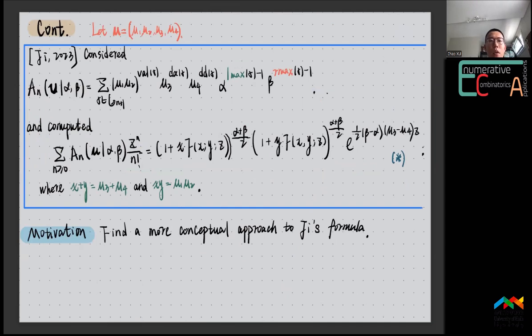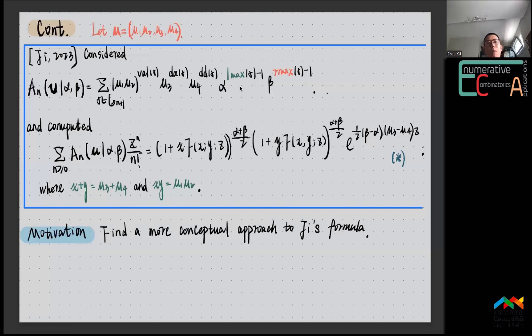Let u be this tuple. We can consider the following generalized Eulerian polynomial incorporating the two Stirling statistics and compute the generating function. It looks a little complicated, and this generating function satisfies the following two conditions.